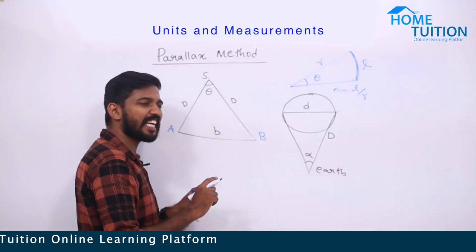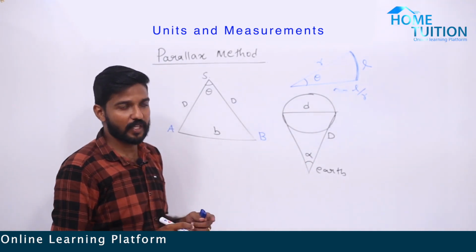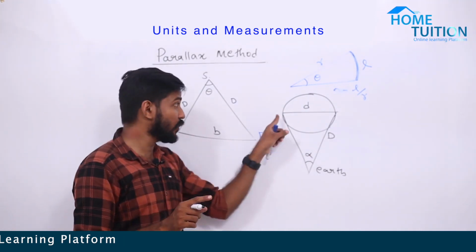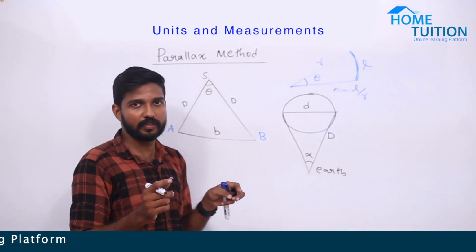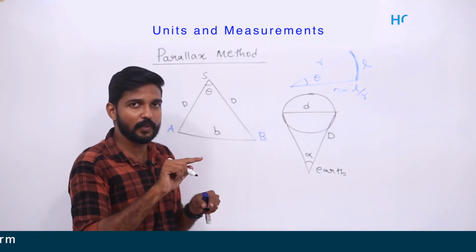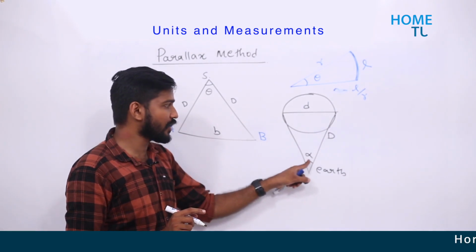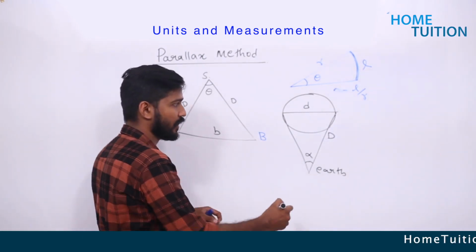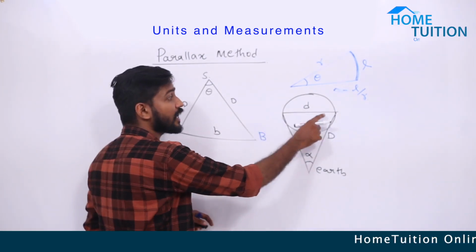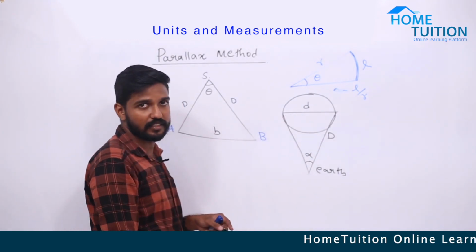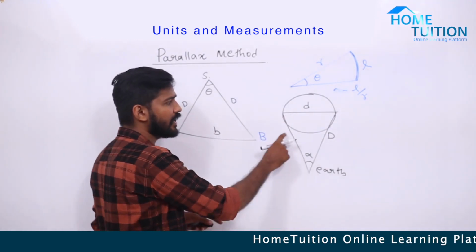This is known as the angular diameter. This angle is called the angular diameter of the planet. In the question paper, the name will be like that, angular diameter. So the angular diameter of the planet will be alpha. This is the actual diameter of the planet, and D is the distance.